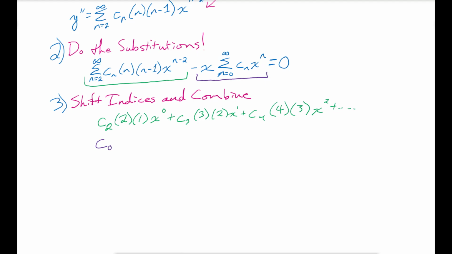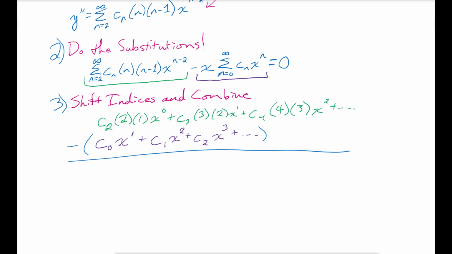So that's really going to be c sub 0 times x to the first, plus, and now plugging in n equals 1, I'll get c sub 1 x to the first times x, so x squared. And then I'll get c sub 2 x squared times x, so x cubed, and so on. And remember, I want to be subtracting my second sum from the first.